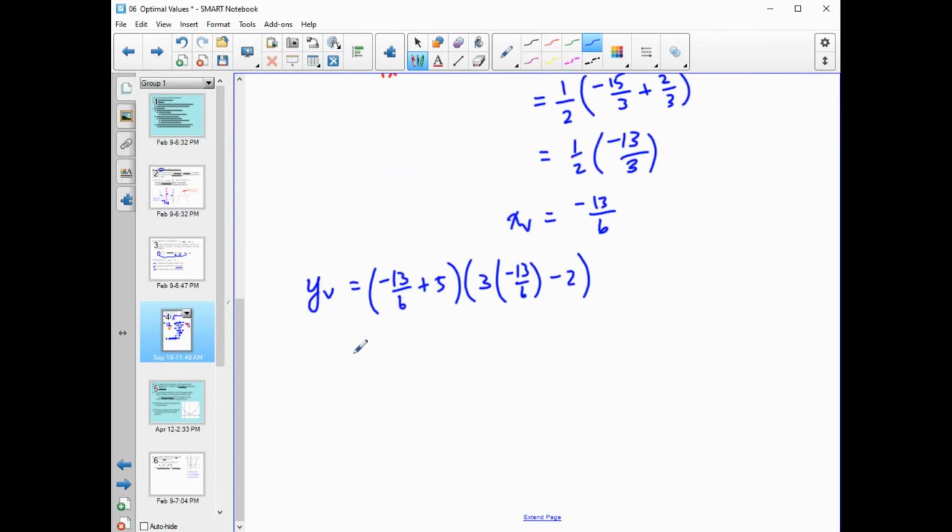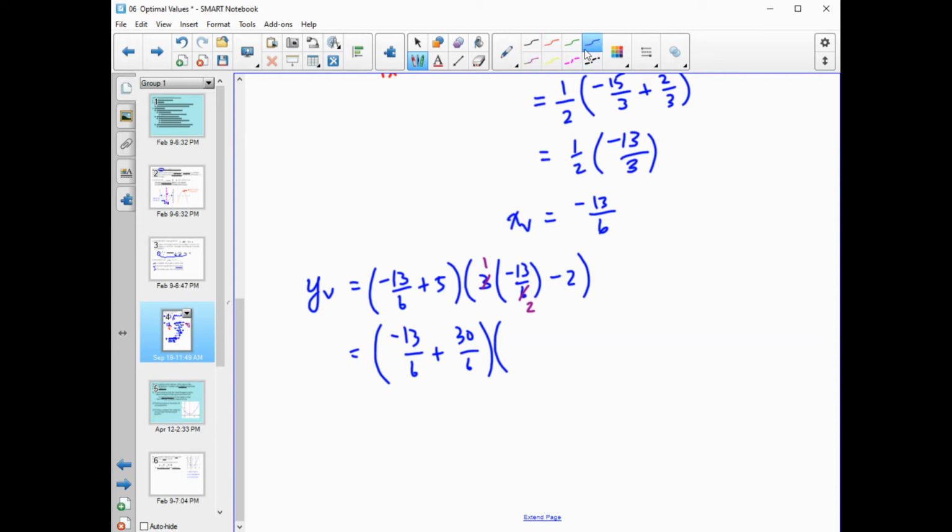And we're going to have to do some simplifying here. In the first bracket, we just need a common denominator of 6. So that's going to be negative 13 over 6, and then that's going to become plus 30 over 6. So I'll be able to simplify that first bracket in a moment. And then this second bracket, hopefully you recognize that 3 goes into 3 once and goes into 6 twice.